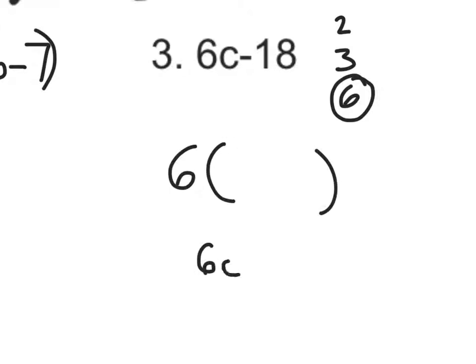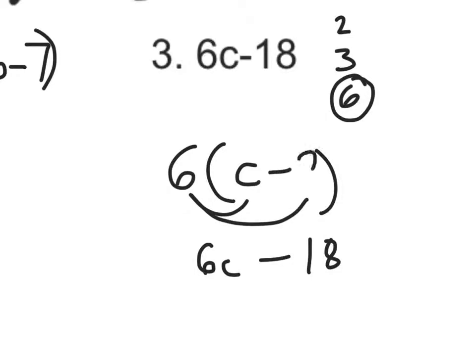Now what do I multiply by 6 to get 6c? c. What do I multiply by 6 to get negative 18? Negative 3. Because 6 times 3 is 18, so 6 times negative 3 is negative 18. So my answer is here.